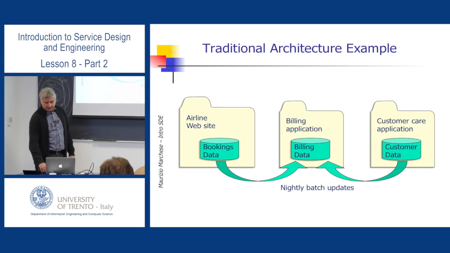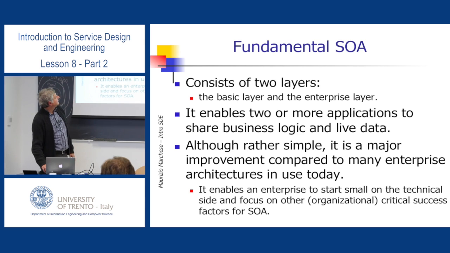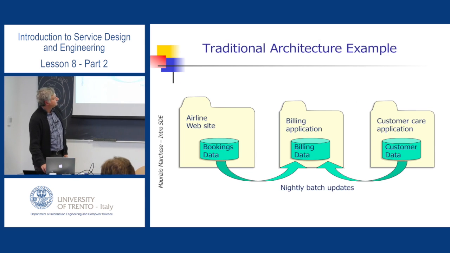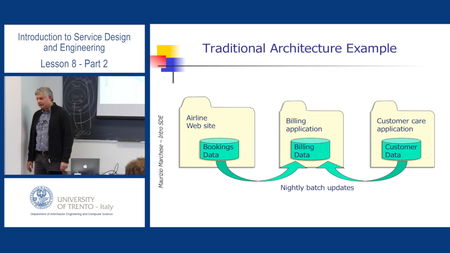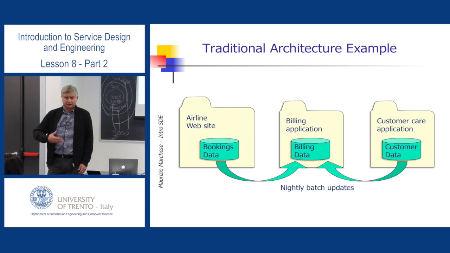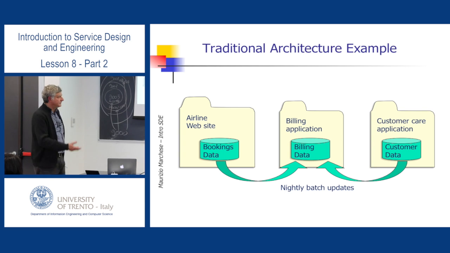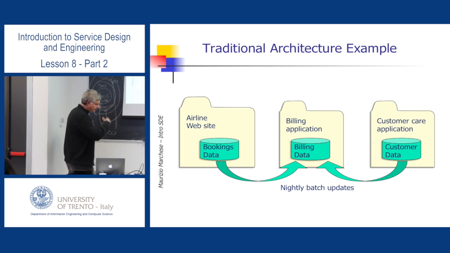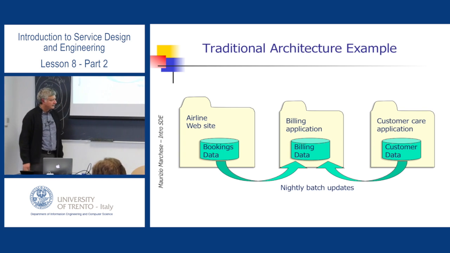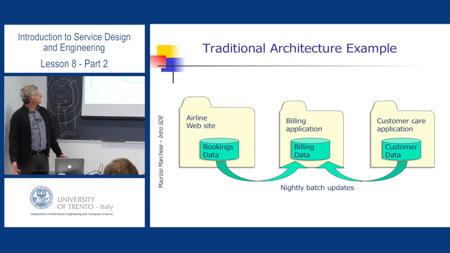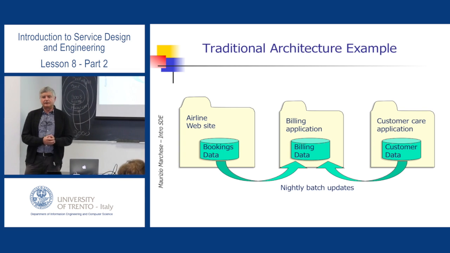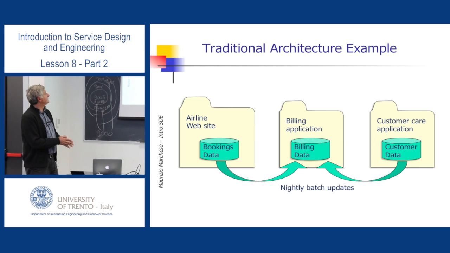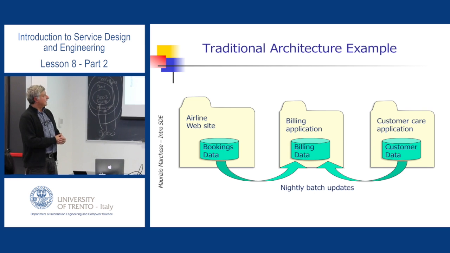So let's talk about fundamental SOA. I will first introduce the example and then go through some diagrams that are better. The wording of this diagram you find in the slides. Let's look at one particular example, which is the airline application.